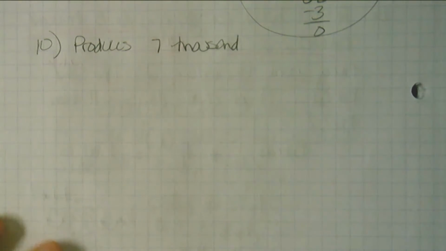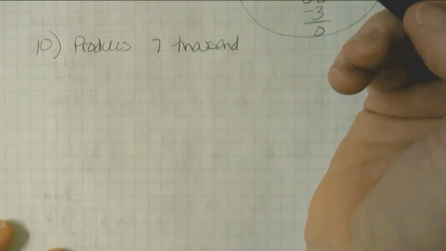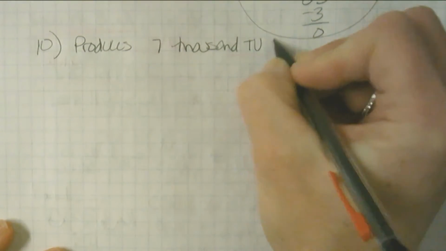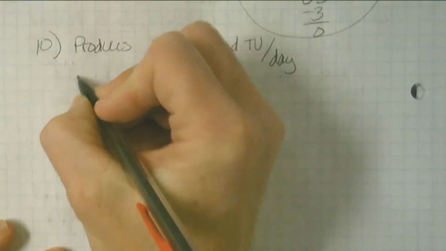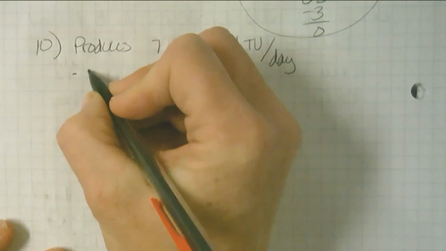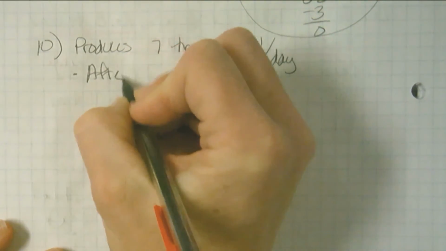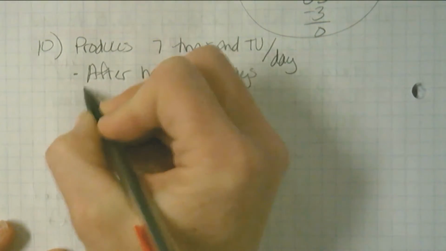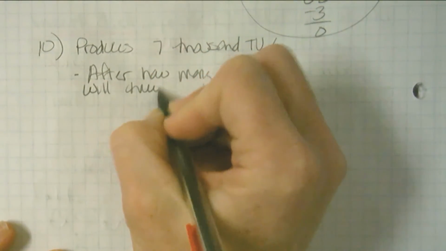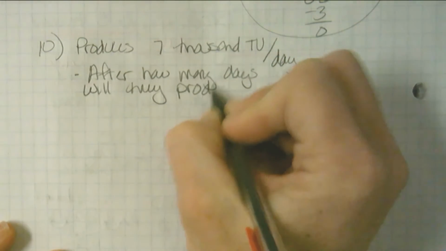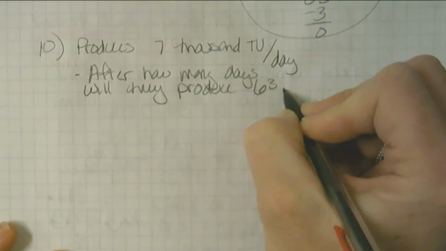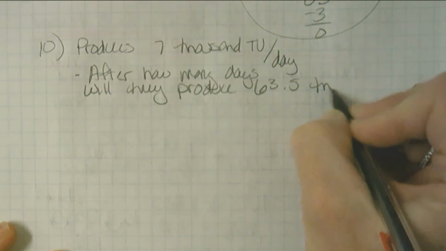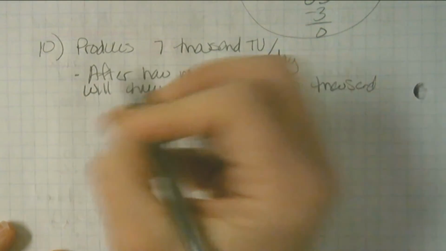So they produce 7,000 TVs per day. All right, and we want to know after how many days will they produce 63.5 thousand TVs?